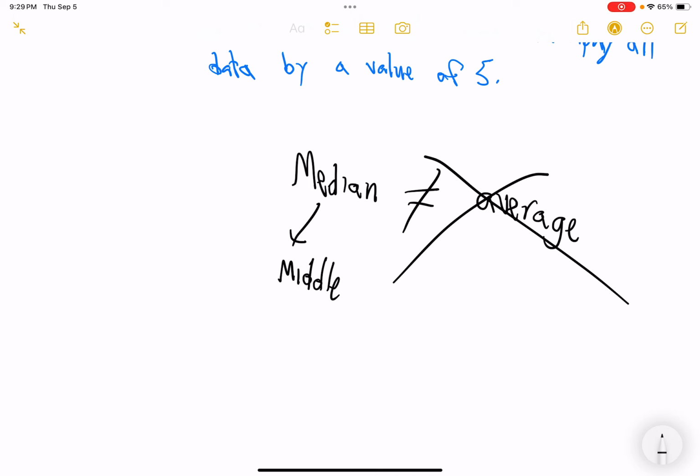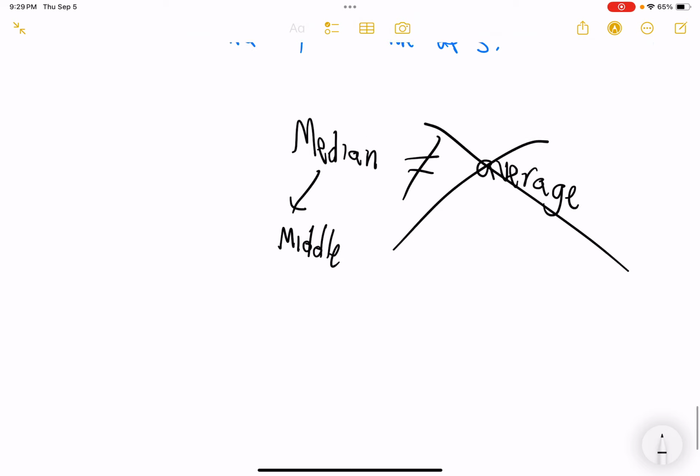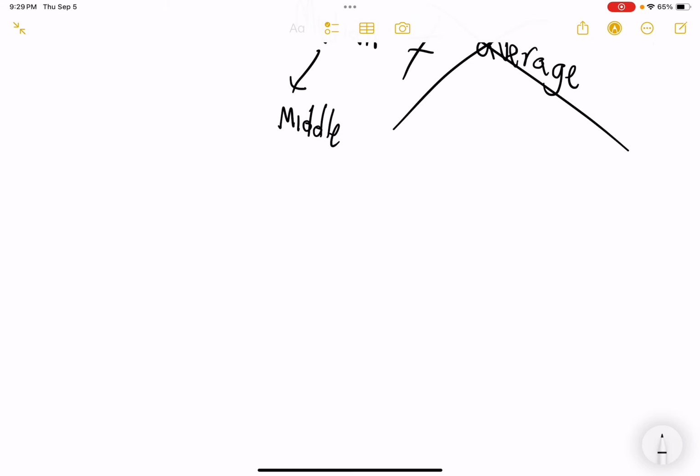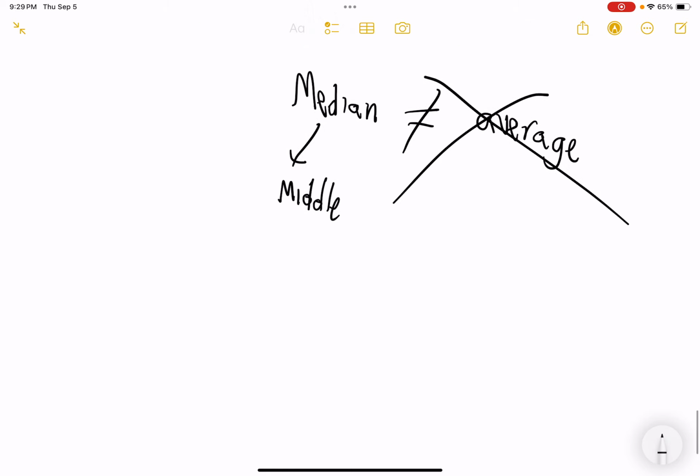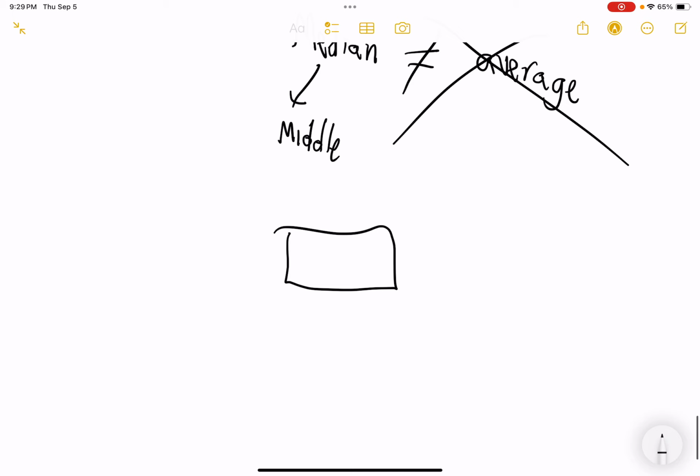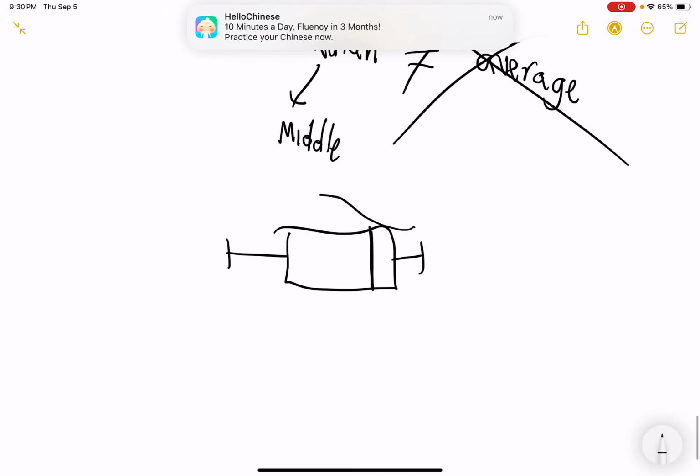Remember also that if you see a left skew and a median in a graph, think of it in terms of a box plot. So if I have a multiple choice problem, and they say imagine a graph is left skewed and has a median blah, what's it going to look like? Maybe instead of a histogram in your head or a curve, sketch up a box plot for a left skewed situation.